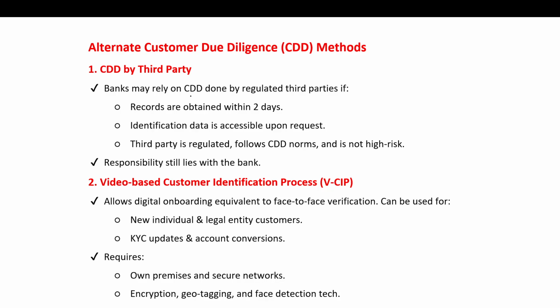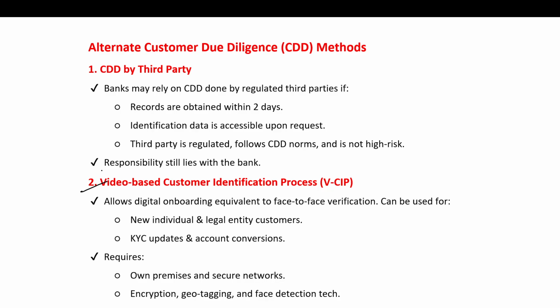Number two, video based customer identification. Banks can now verify customer identity by doing a video call instead of asking the customer to come to the branch. It is used mainly for opening a new account, updating KYC if the KYC is outdated, and converting accounts opened without face-to-face KYC.